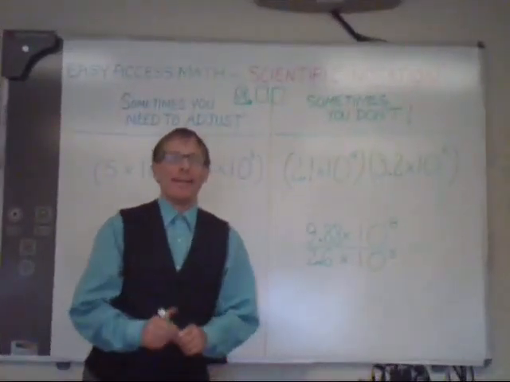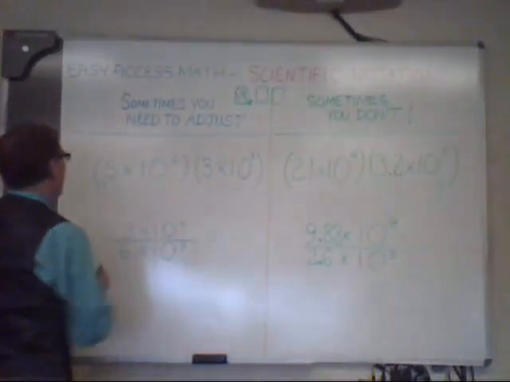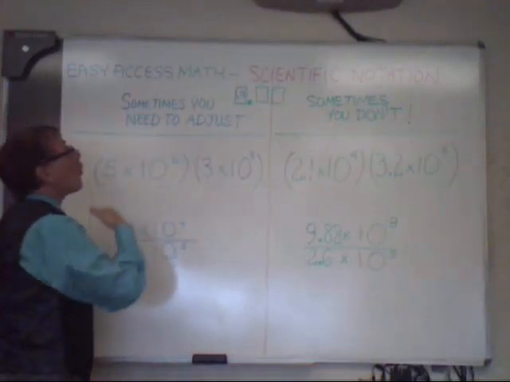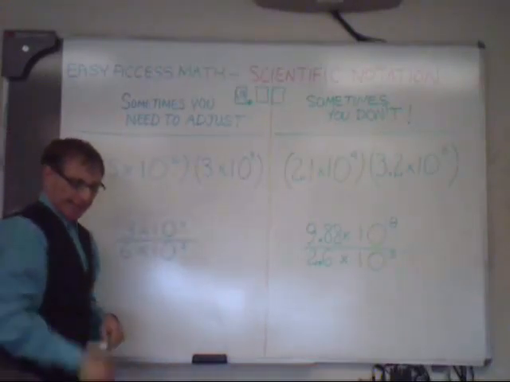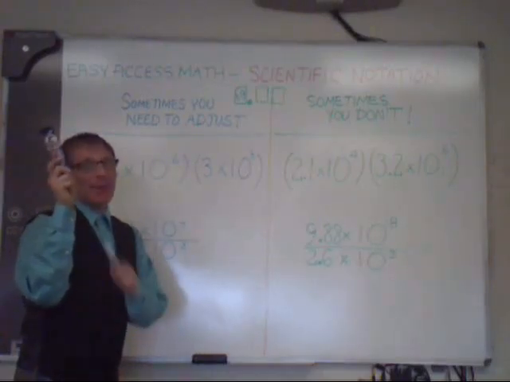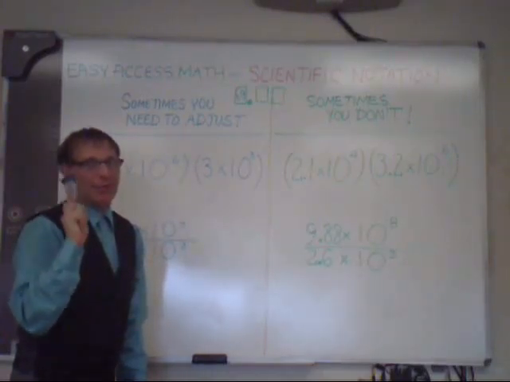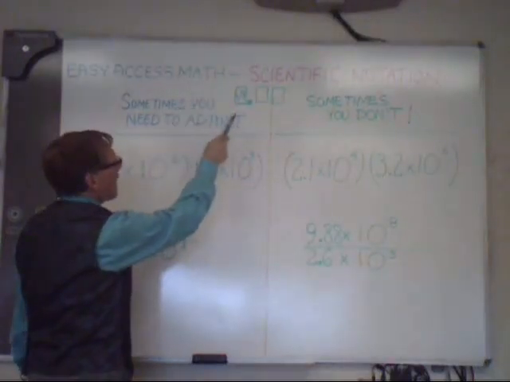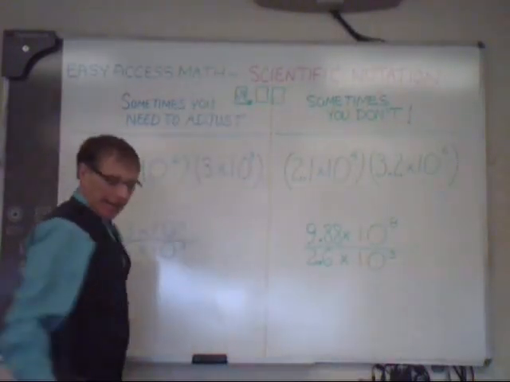Okay, so let's try these right now. Over here, we will need to adjust. Sometimes it could drive us nuts, but I want to make it easy for you to remember the format of scientific notation.